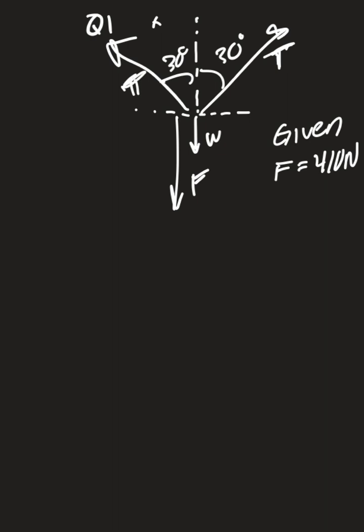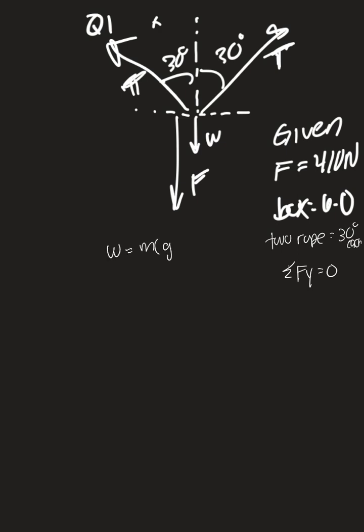So we are given the box equals 6.0, where there's two ropes, 30 degrees each. Okay, so we have W equal to mass times gravity, which we know gravity is 9.8.